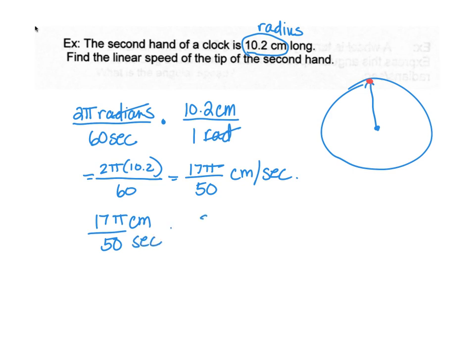And if I want my seconds to cancel, I'd have my seconds in the numerator and my minutes in the denominator. And in 1 minute, I have 60 seconds. If I were to multiply that across, I'd end up with 17 pi times 60 over 50.